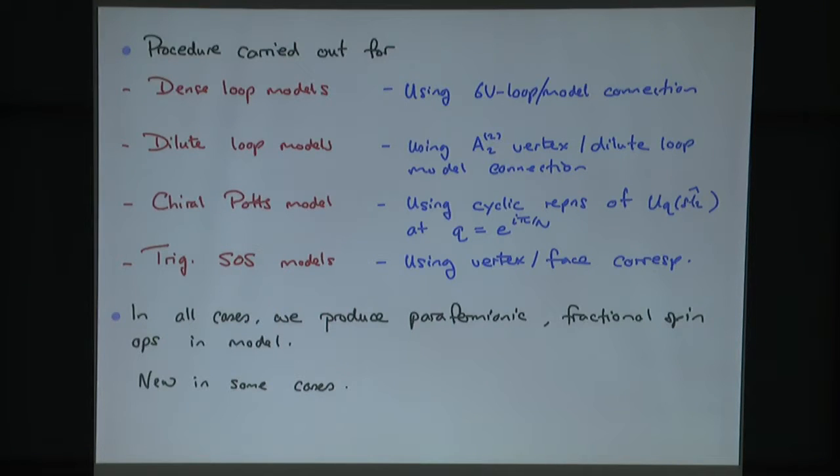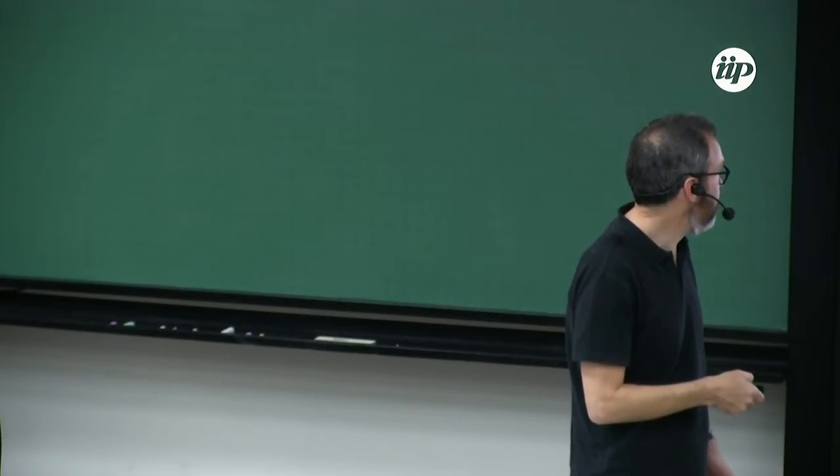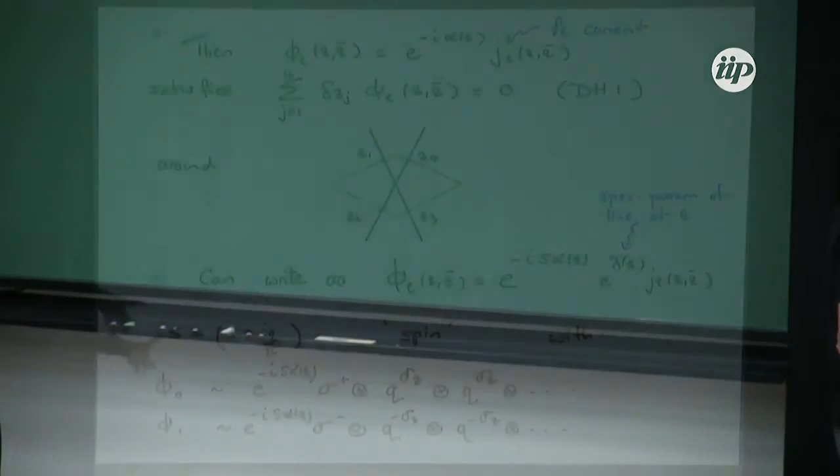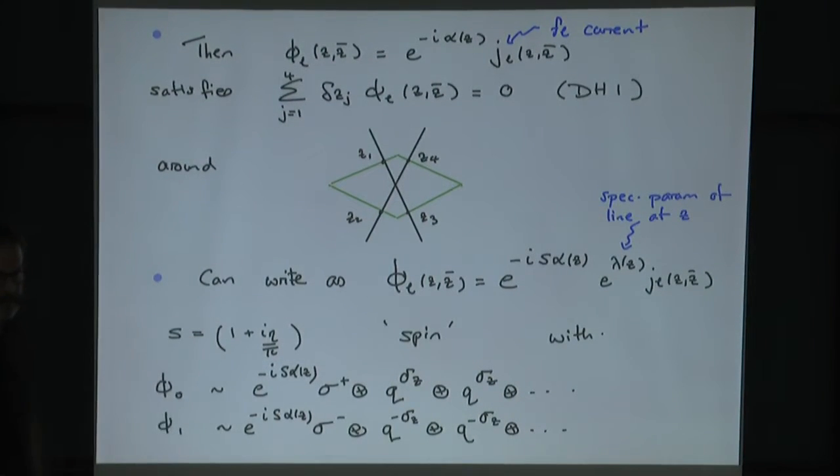Parafermionic, because they're chiral fractional spin operators, and they're non-local. And in some of these cases, these are known, and some of them are new. So if q is equal to 1, then eta is equal to 0, and these become spin 1 operators.